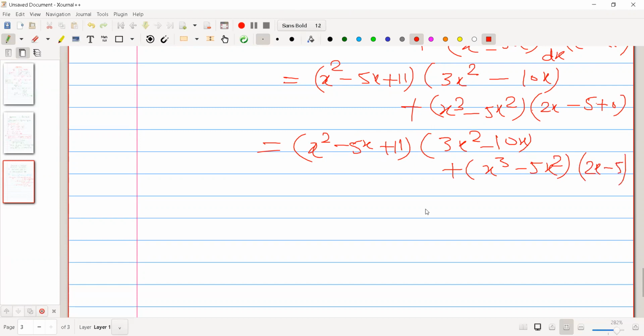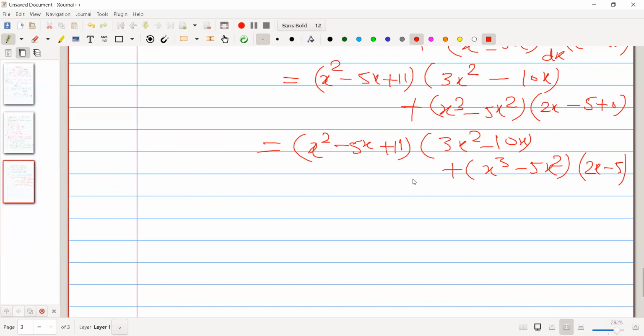Remaining you can simplify just like this. Solve it and then we will get the answer. Multiply and then collect the common terms, the same terms, and then simplify. If they have the same sign, we add them.